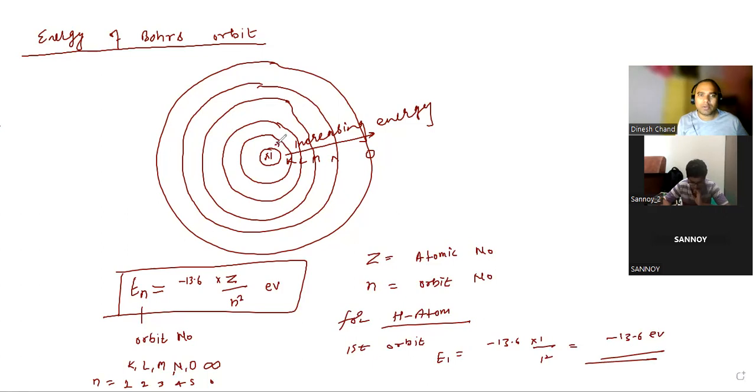Now tell me the second orbit. What can be the answer for the second orbit? Can you tell me the energy of the second orbit, and is it increased or decreased energy?